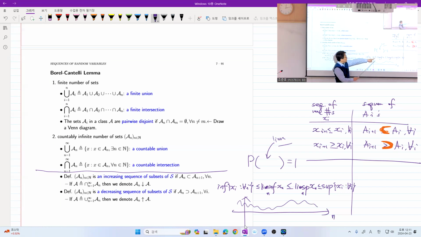You can always establish this inequality, right? Because the first term is the biggest one and equals the left one. Here, the first term is the smallest one. That is the rightmost one, right? Sorry, the first one is the biggest one and the same as this one.